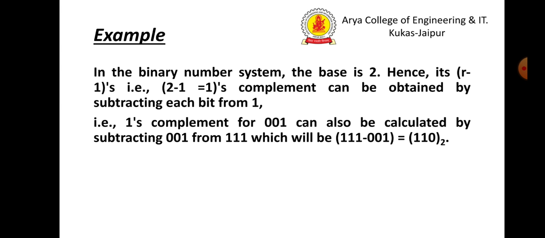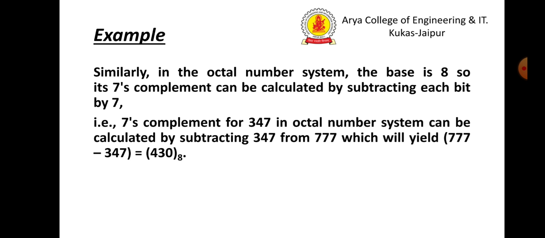Look at an example. 001 is the number, and its r minus 1 complement, where r minus 1 means 2 minus 1 equals 1. So here we subtract 001 from 111. So 111 minus 001 is equal to 110.